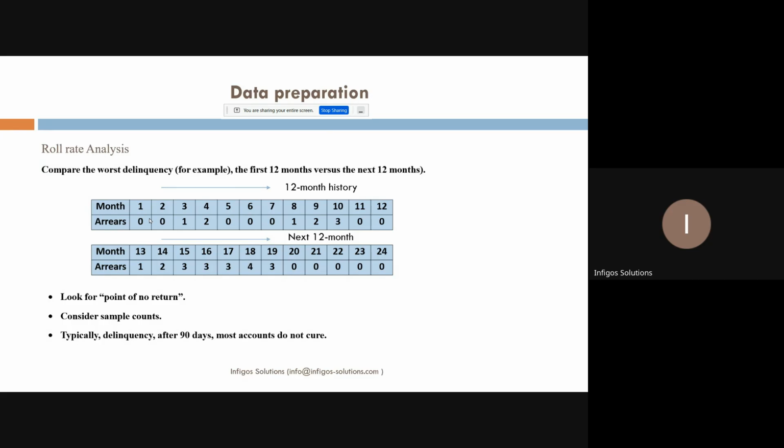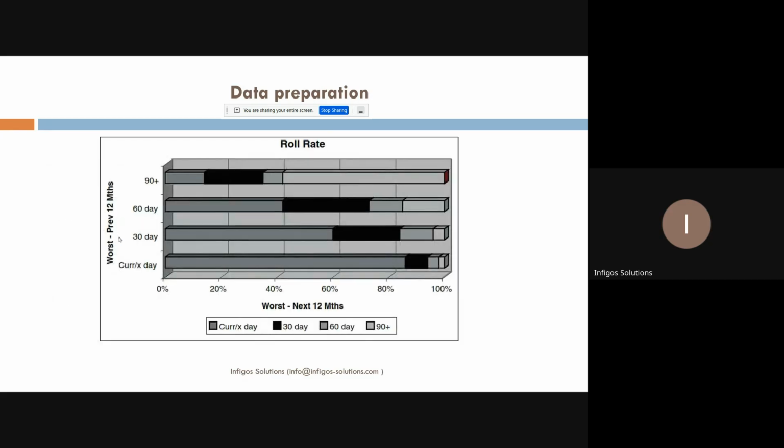So this is the roll rate analysis thing. I will not go for this one, I'll go for this one. So this is 12 months here. If somebody is current, what are the chances he will get 30-day past due, 60-day past due, 90-day past due?